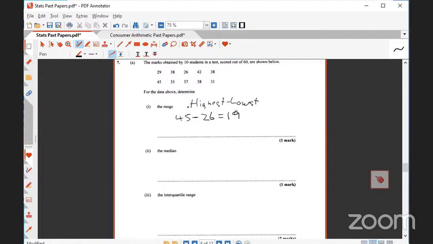Next, we want to find the median. Remember that before you can find the median, you have to first arrange the numbers in ascending or descending order.